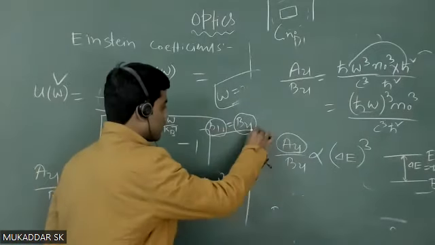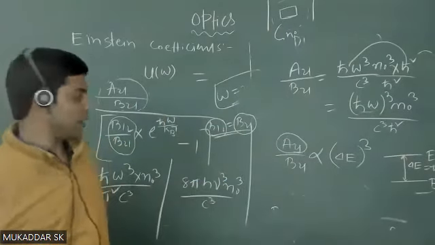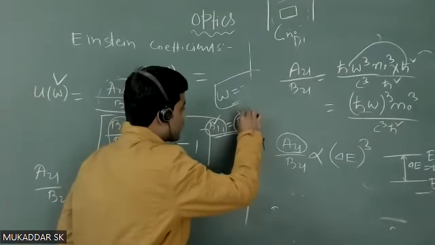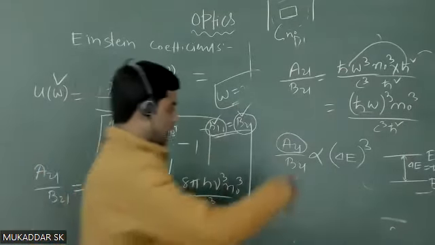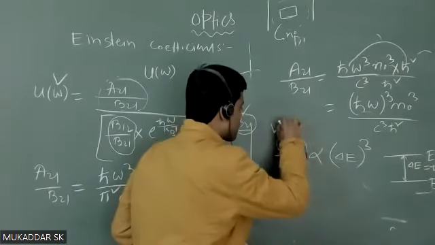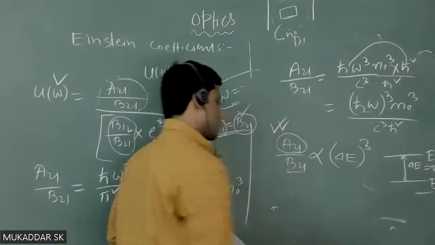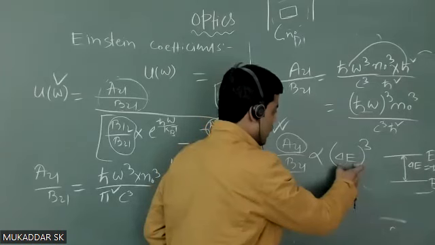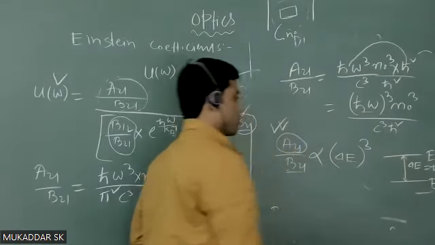So from this equation, the probability of stimulated absorption equals the probability of stimulated emission. And A21 by B21 is the ratio of the probability of spontaneous emission to that of stimulated emission, and that basically depends upon delta E cubed.